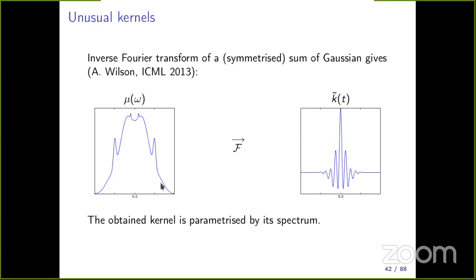And since this measure is positive, we know we can use it as a covariance. Just one thing, this is symmetrized around 0. This is just to ensure that the GP we end up with is real valued. It doesn't have to be symmetric, but then you'll end up with complex covariances and complex samples. So yeah, we can use Bochner's theorem to parameterize a Gaussian process by its spectrum.